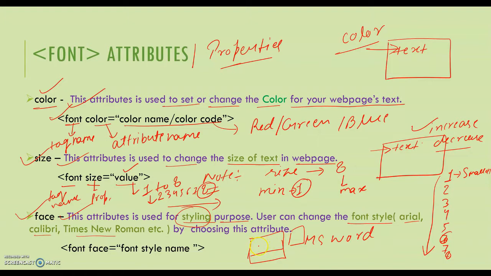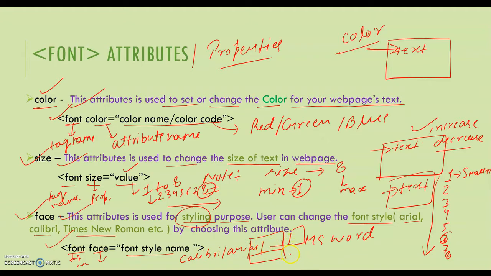Similarly, if you want to change the style of the text in a web page, you can do it by using this syntax. Font is the tag name, this is the attribute name, and this is the value. Here you can put Calibri, or any other name, Arial or Times New Roman, any one of them.